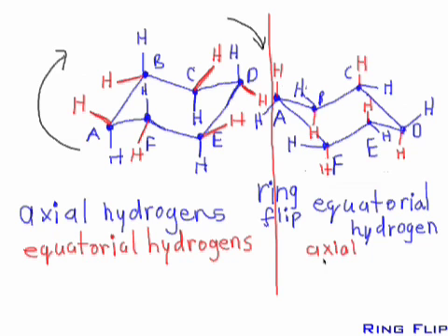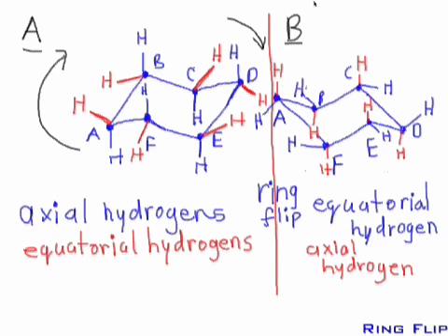So the reds became axial. All right. So essentially, structure A can undergo ring flip and become structure B. This is a conformational change.